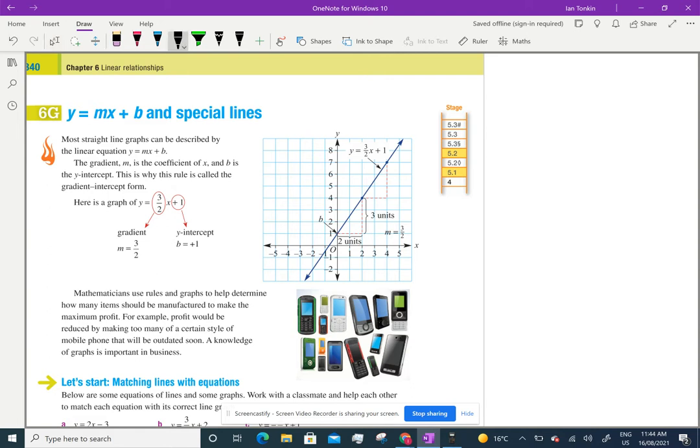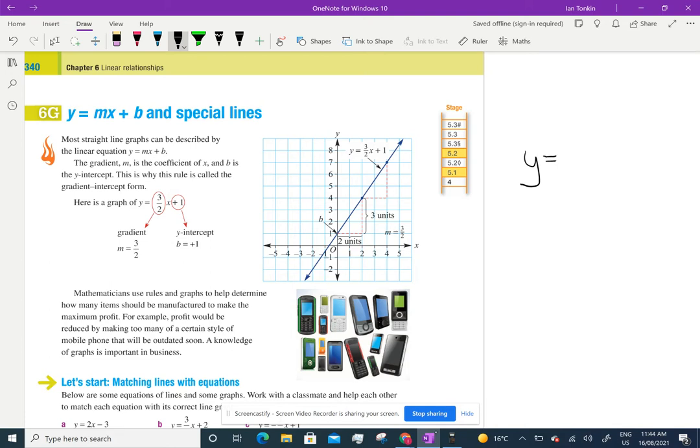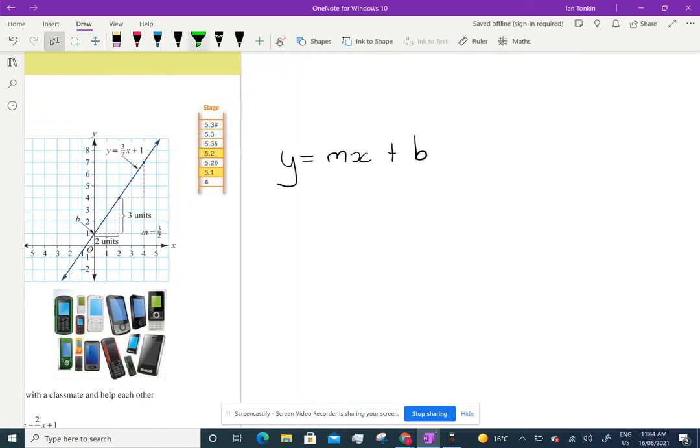So if we write an equation as y equals something x plus something, it doesn't matter what those somethings are, but the coefficient in front of the x tells us the gradient of the line, and the other something tells us what the y-intercept is.